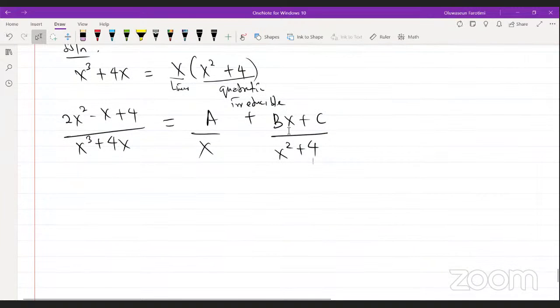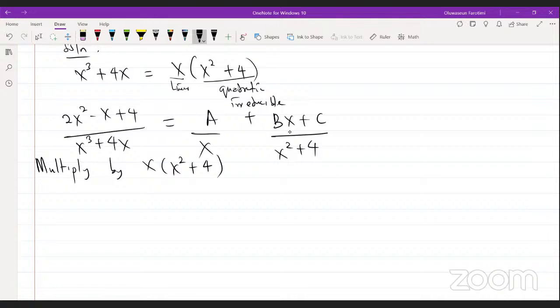So we're going to do what we've been doing before. Avoid the fractions. If I need to avoid a fraction, what do I do? Multiply by x squared plus 4. That means your left-hand side is going to be this, and your right-hand side is going to be something like this.